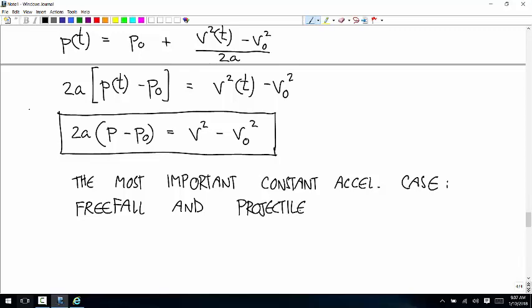If the acceleration is always equal to 40, that's constant acceleration.